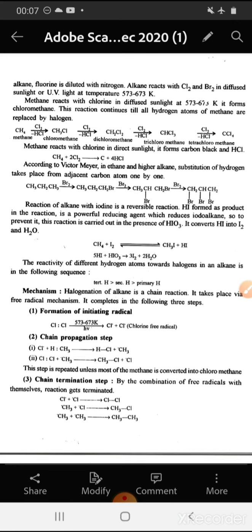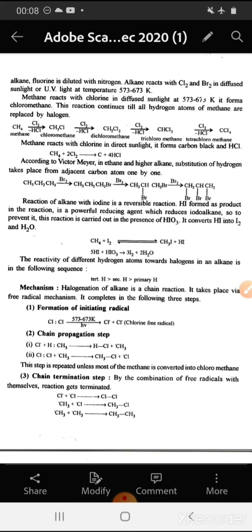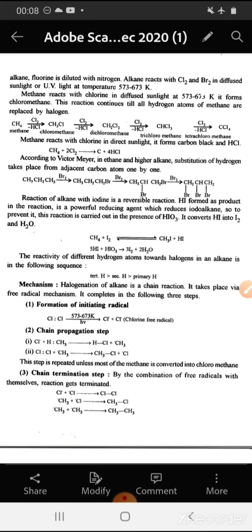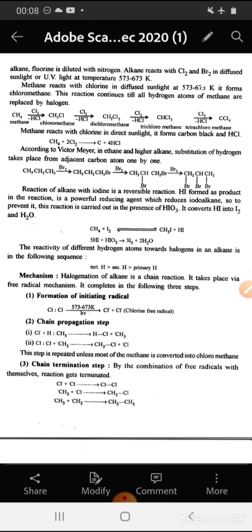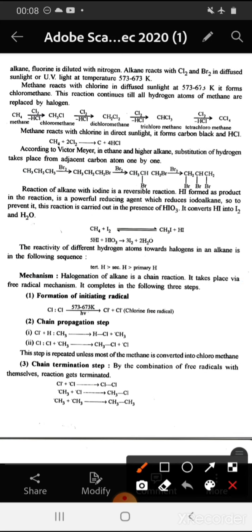Methane reacts with chlorine in diffused sunlight at 573 to 673 Kelvin. It forms chloromethane. This reaction continues till all the hydrogen atoms of methane are replaced by halogen. So we see the reaction that methane reacts with one molecule of chlorine to give chloromethane, which on further reaction with another molecule of chlorine gives dichloromethane, and further reaction with another molecule of chlorine yields trichloromethane, and trichloromethane reacts with one more chlorine molecule to give carbon tetrachloride.